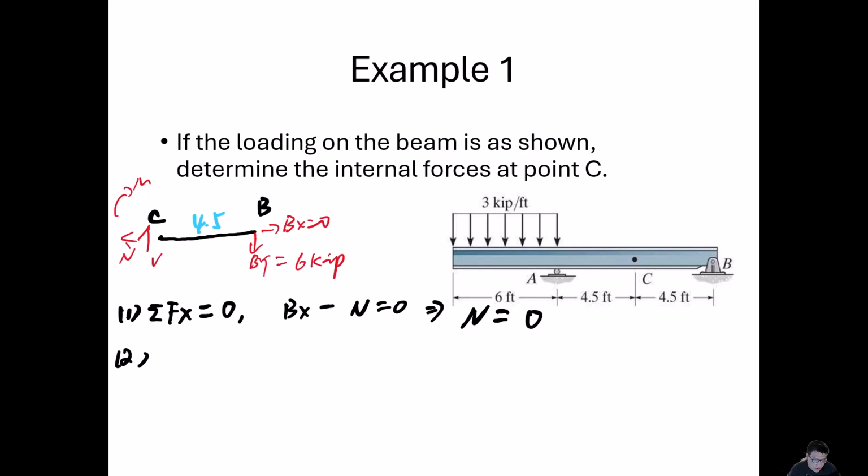For this problem you don't always have to start with the sum of the moment. Sometimes if you use sum of Fx or Fy, it's much easier. Sum of Fy also equals 0, so V minus By, V minus 6 equals 0, and V is 6.